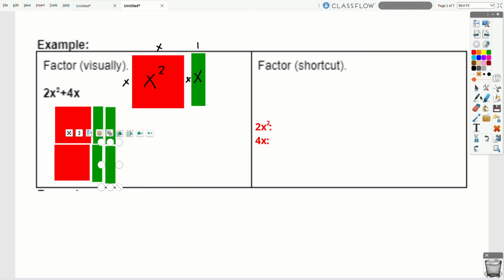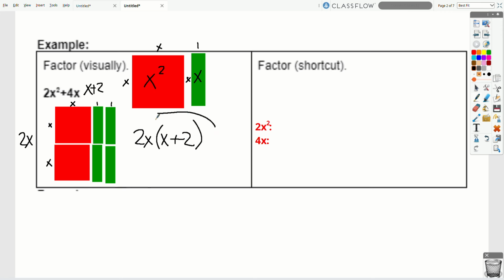So if we make this our configuration, we have x and x. So this whole side is going to be 2x. And then this top part is x. This is 1, this is 1. So that's going to give us x plus 2. So that means that this factors into 2x times x plus 2.